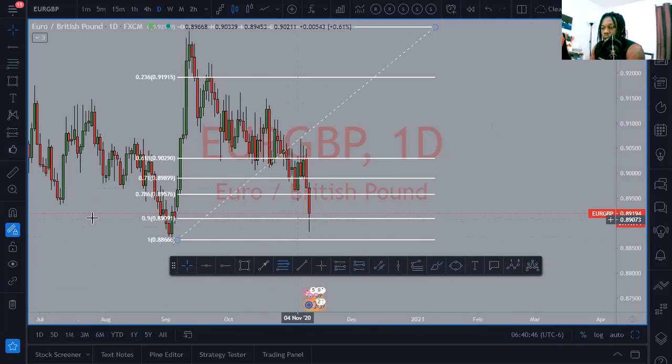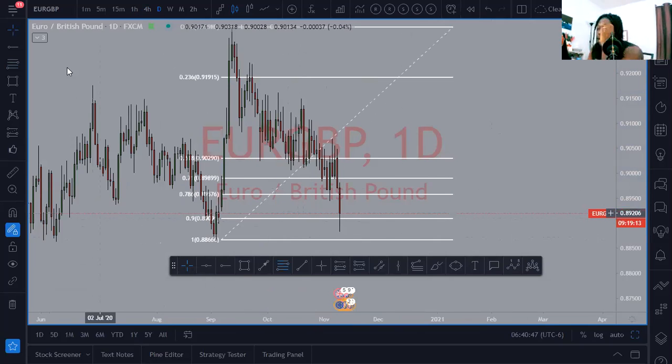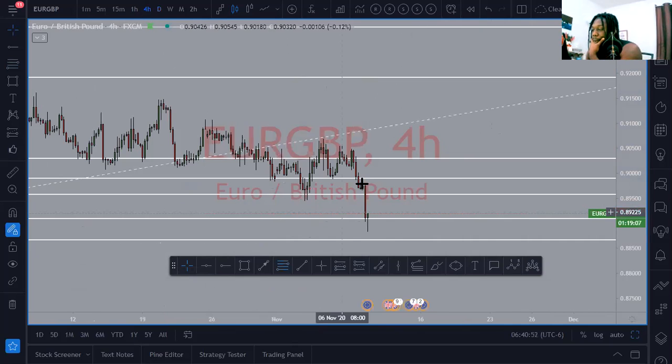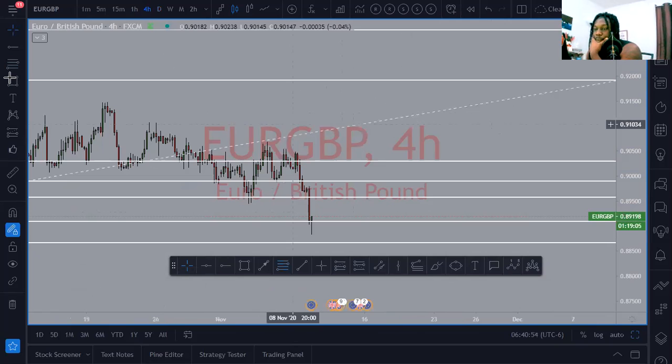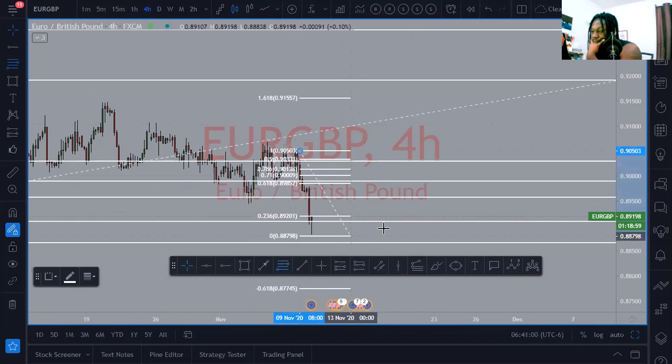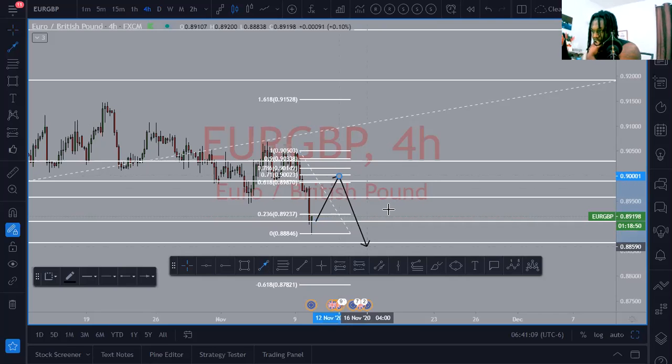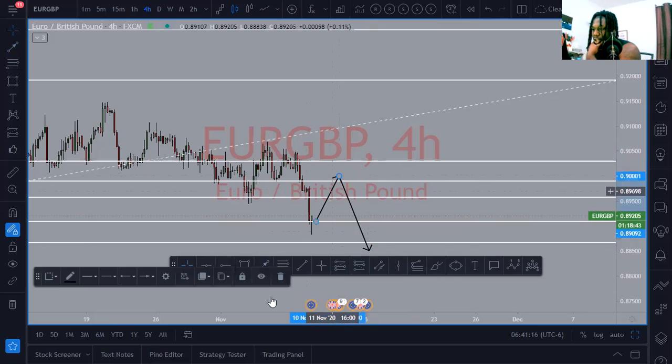This is hard to want to play off right now. What I would want to see, most definitely, is for price to do something like this. I need that retracement up there to continue dropping, but at the same time, this could really still go bullish.